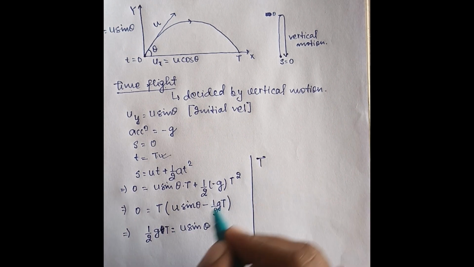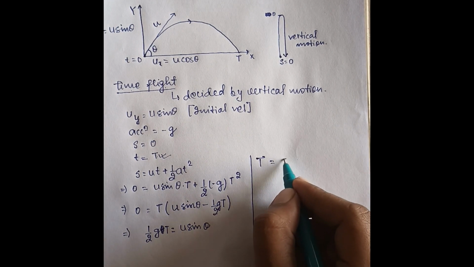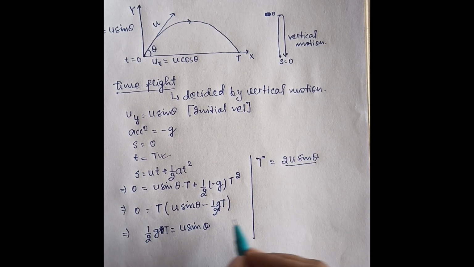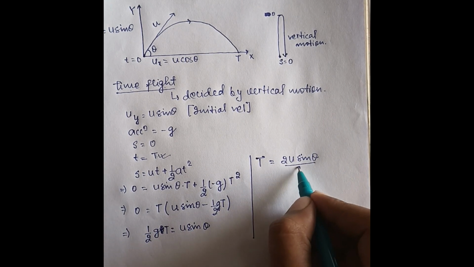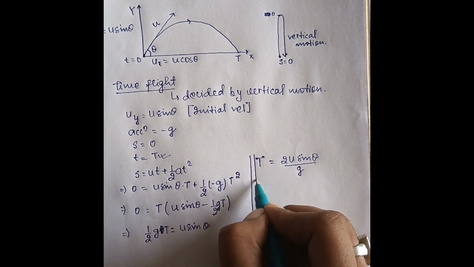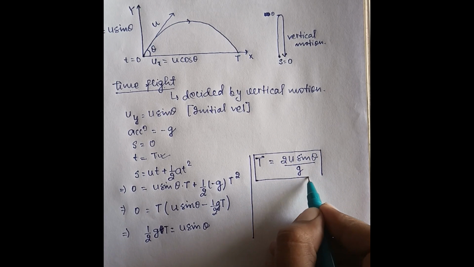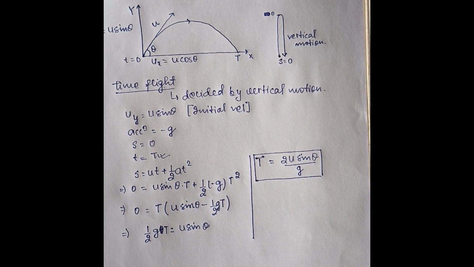When we find the value of this T, we get it is equal to 2u sine theta divided by g. So this is the total time of flight of the object in projectile motion. Thank you very much for watching the video.